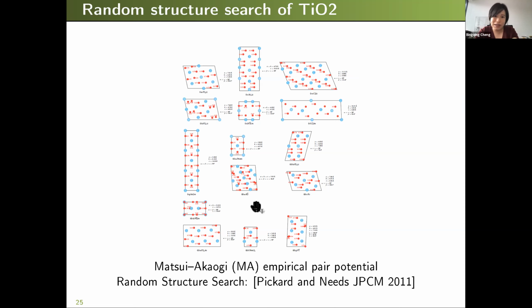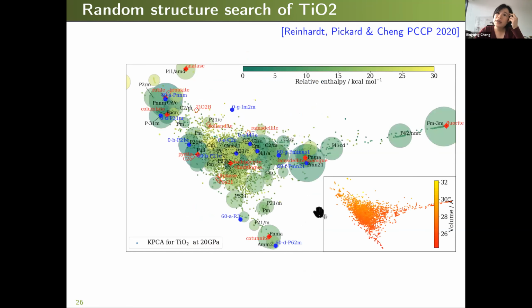You can use space groups and whatever, but even different structures can have the same space groups and so on. Now we were able to use this type of dimensionality reduction for thousands of structures that we obtained from random structure searches. And then afterwards, we also did a clustering to identify the dominant patterns.